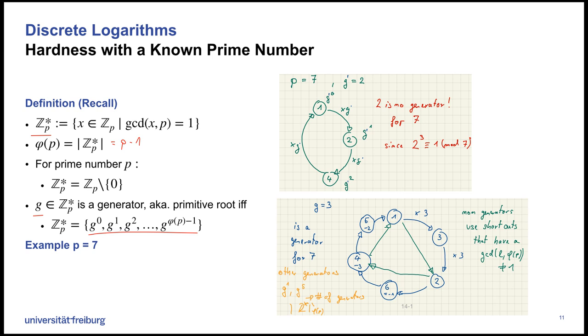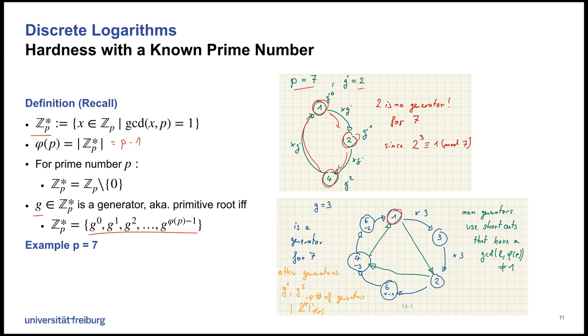But if you look at examples, for example P equals 7, and we start with 2, then 2 to the 0 is 1, 2 to the 1 is 2, 2 to the 2 is 4, and 2 to the 3 is unfortunately 1 again. So that's not a generator, because there are some numbers missing here. But if we start with 3, 3 is a generator.